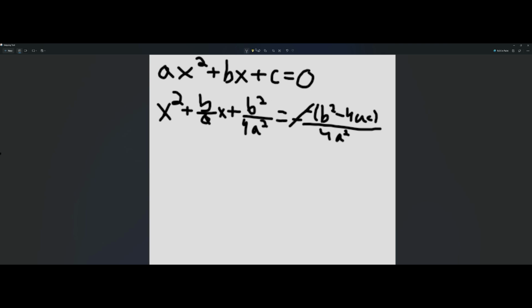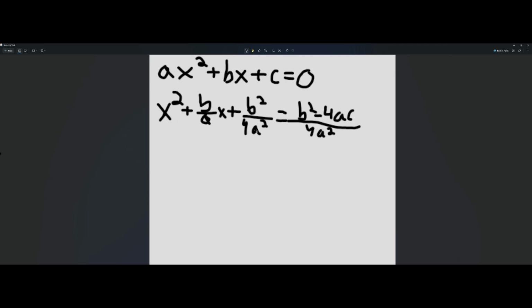Our negatives will cancel out, and so now we are just left with b squared minus 4ac over 4a squared.